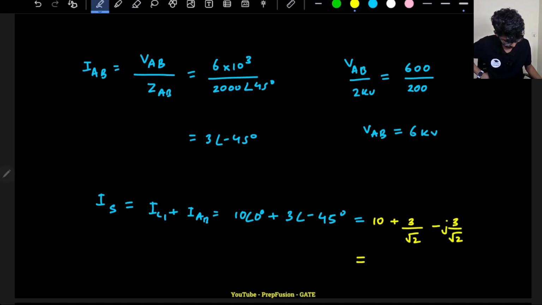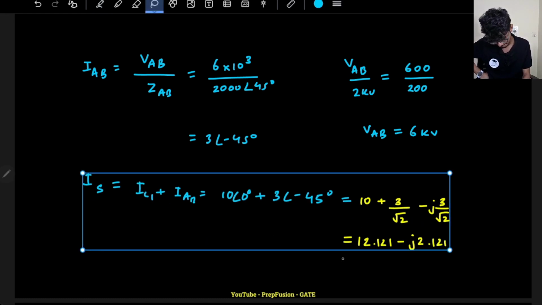So this will be equal to 3 divided by root 2 plus 10. So this is 12.121 minus j 2.121.